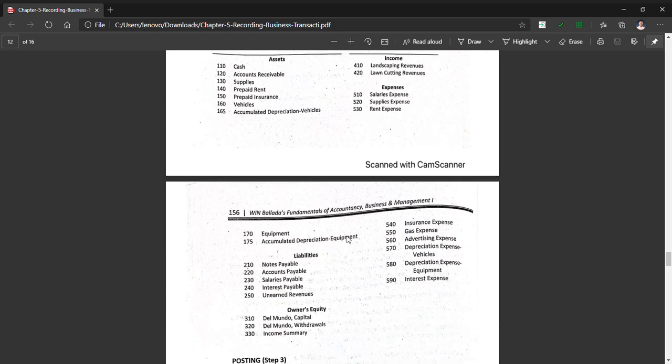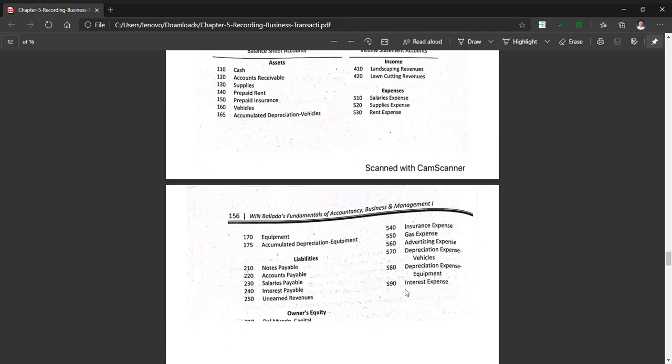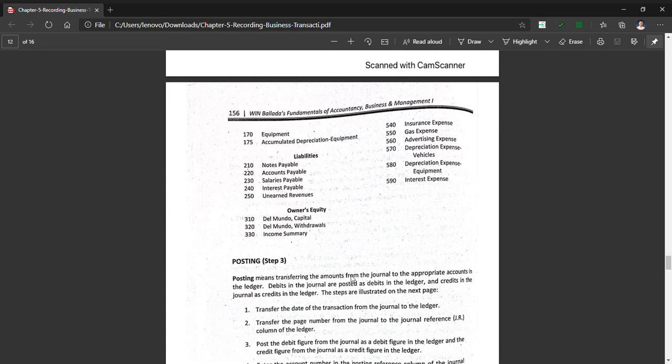While ito naman, yung accumulated depreciation na to, yung use niya is to decrease the amount of the equipment account. Okay, so related sila sa isang account. So, ganun lang. Okay, so next step, posting.